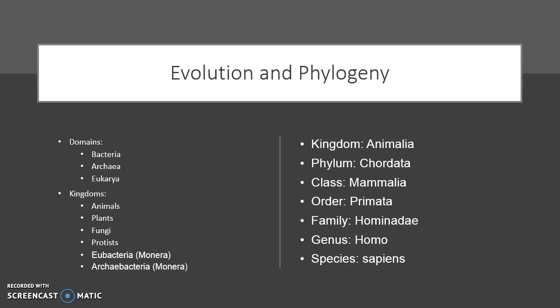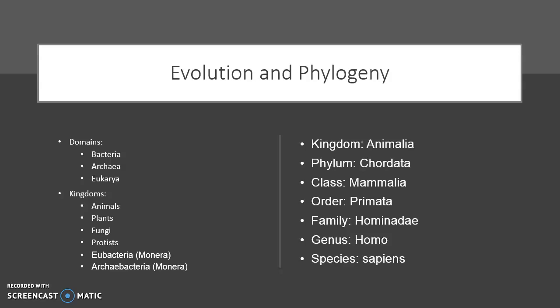So we have the domains, and then we have the kingdoms. Our kingdoms are animals, plants, fungi, protists, eubacteria, and archaebacteria. Eubacteria are the bacteria domain, and the archaebacteria are the archaea domain. And then we can break things down even further into a kingdom, a phylum, a class, an order, a family, a genus, and a species.